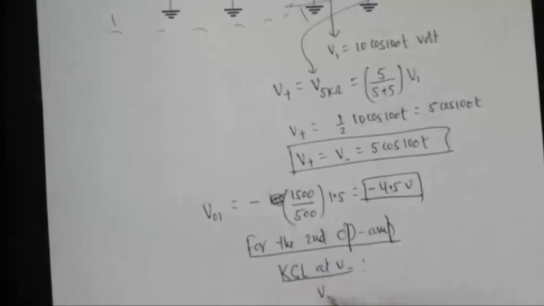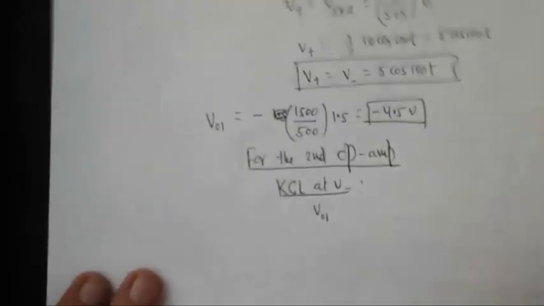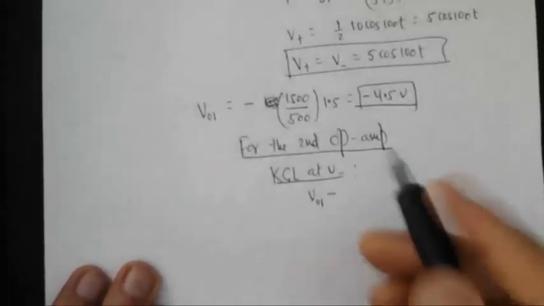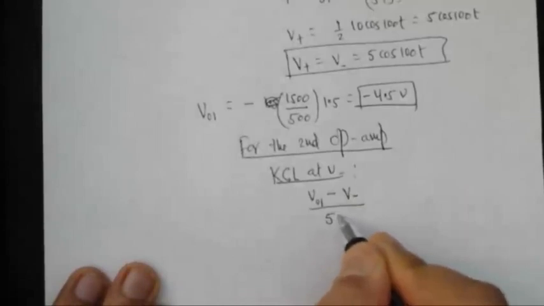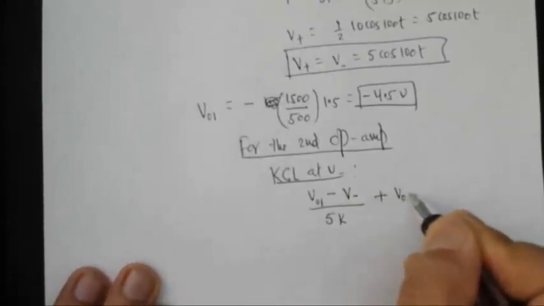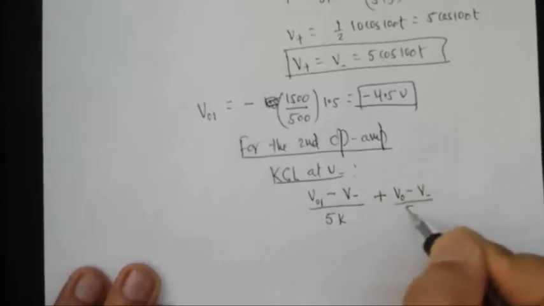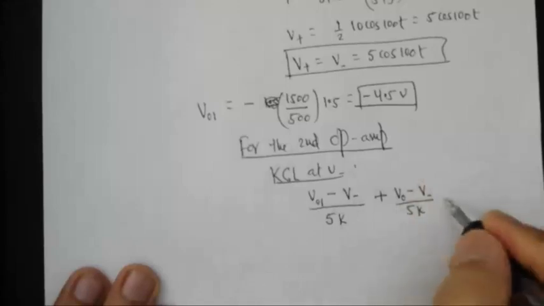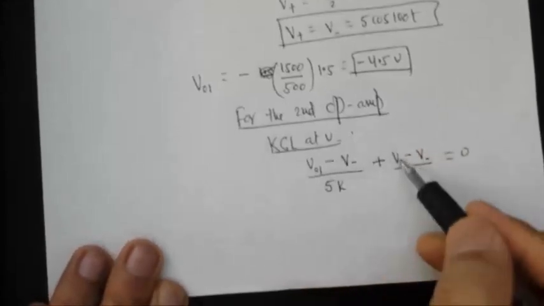So you have VO1, whatever voltage we found here, minus V negative divided by 5 kilo ohm. Let's put everything in kilo ohms. Plus V out minus V negative divided by 5 kilo ohm again, is equal to 0. We know all these voltages now, and then you can solve for V out.